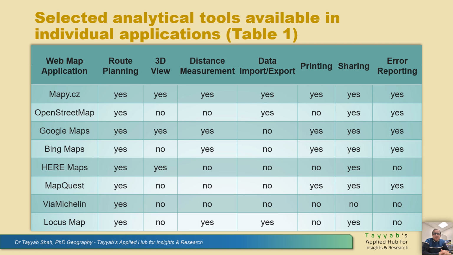That includes route planning, 3D view, distance measurement, data import and export options, and you can print, share the map, or report any errors. So you can see they have different functionalities available on these web applications.